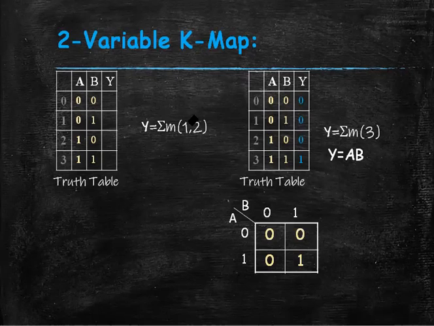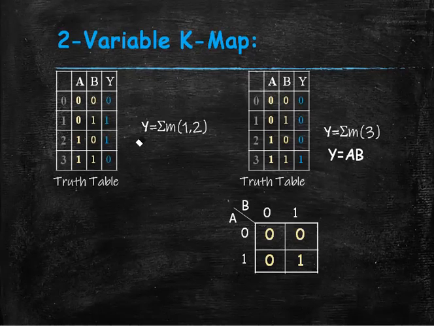For the position of 1, in binary that is 0 1, we have to put a 1 here. And for the position of 2, we have to put a 1 here. Then there are 2 ones. And for the remaining, it must be equal to 0.